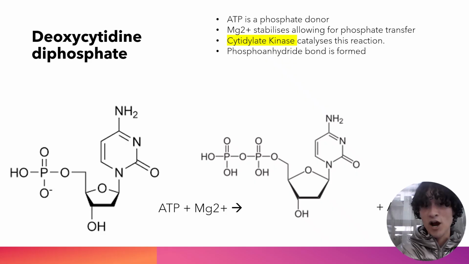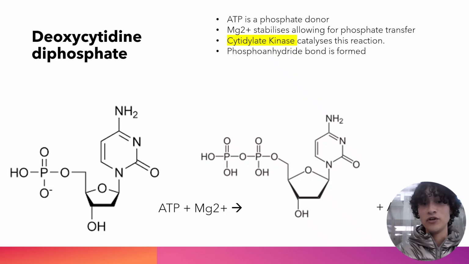Again with the help of magnesium to stabilize the repulsion between the beta and gamma phosphates in ATP and this negatively charged hydroxyl group, it will make it easier for cytidylate kinase to catalyze this reaction and essentially transfer that phosphate group, and then we get deoxycytidine diphosphate.